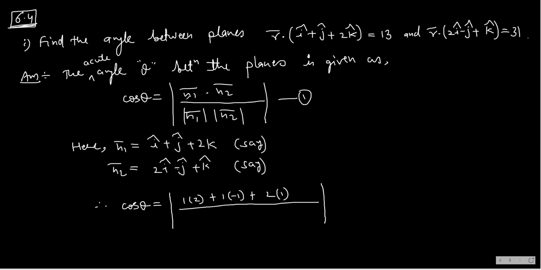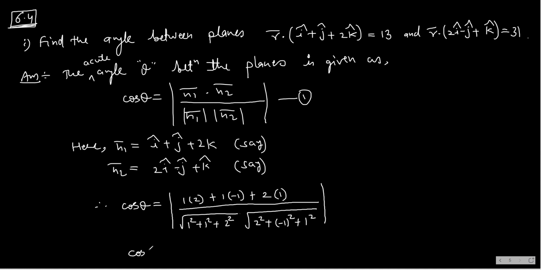I'm just taking the dot product of these two, upon square root of the magnitude of N1 bar, 1 square plus 1 square plus 2 square, into square root of 2 square plus minus 1 square plus 1 square.